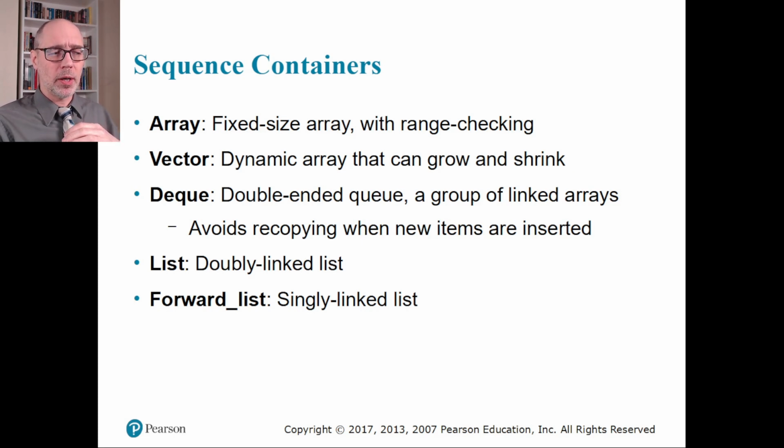But if you were worried about the extra memory that you're using up with the 2 pointers per node, instead of the one pointer with a singly linked list, you could ask for a forward list and save a little bit of memory. Most of the time, it doesn't make too much difference. But you would also want to check and go, for my use of this, I only go forward. I never go back. Then that would be an option. I don't use that a lot, but it is an option.